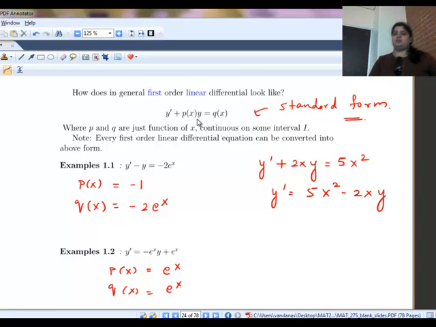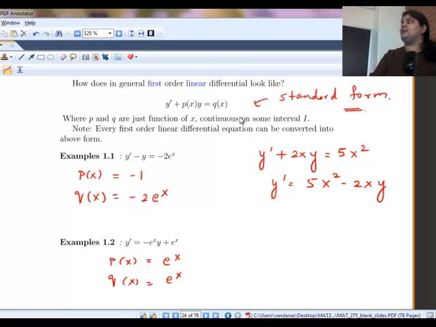So let's understand this slowly. I can see from the left hand side, I have these two types of function, y prime plus pxy.